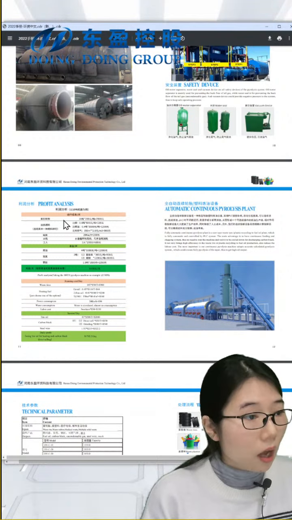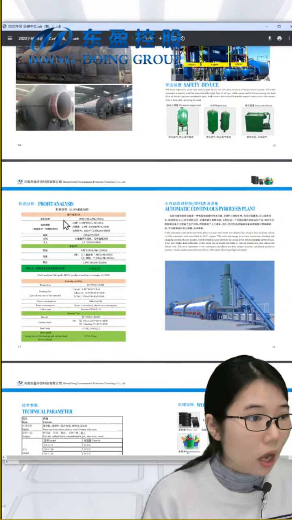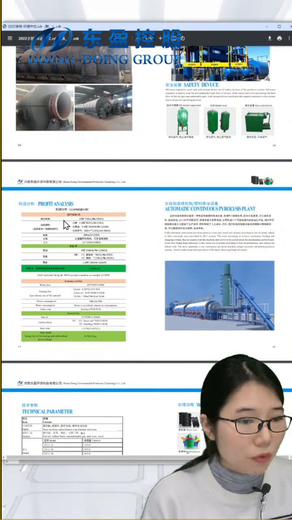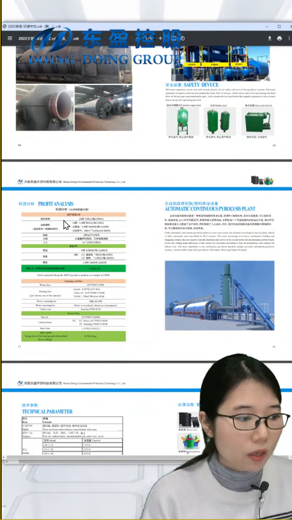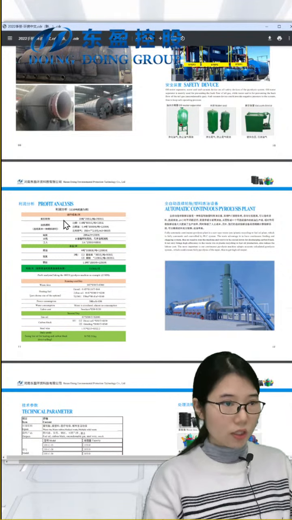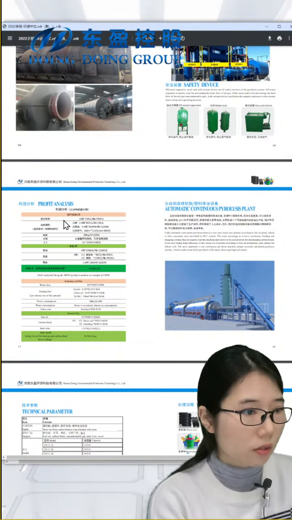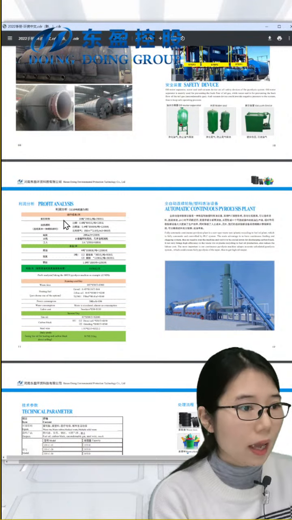And we also have the heating cost. We need to use extra heating fuel for heating the reactor. Because even though most of the heating fuel will be replaced by the syngas, we also need to use about 400 kg of extra heating fuel for heating the reactor.